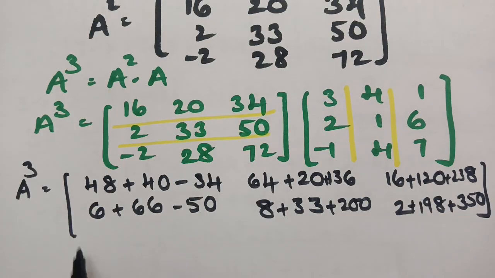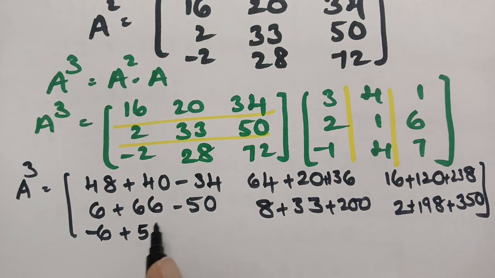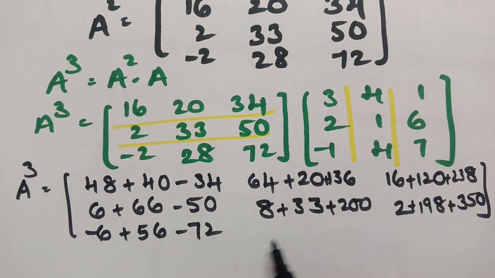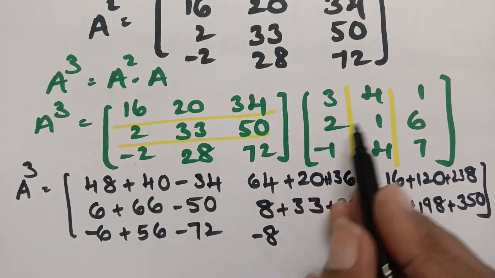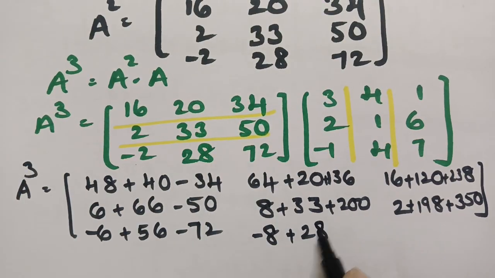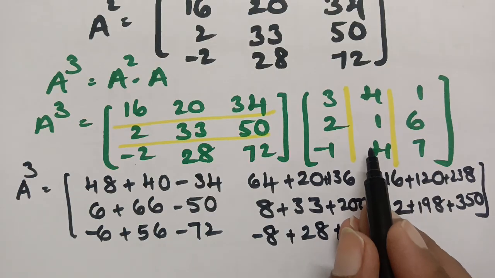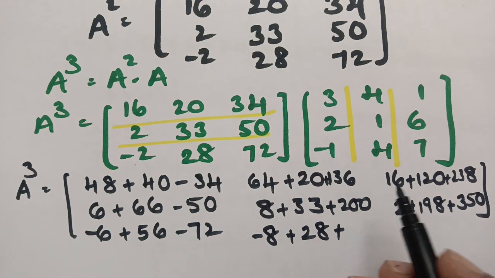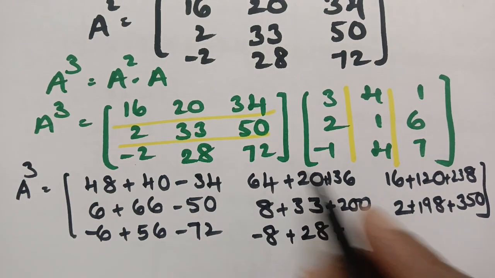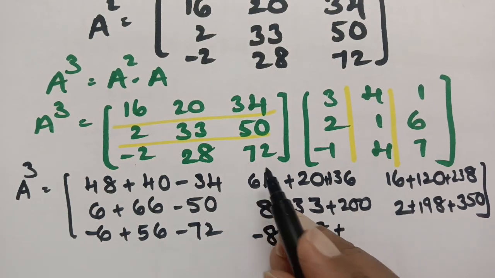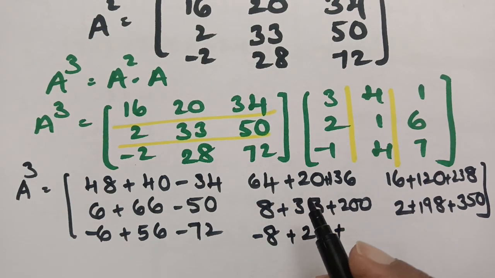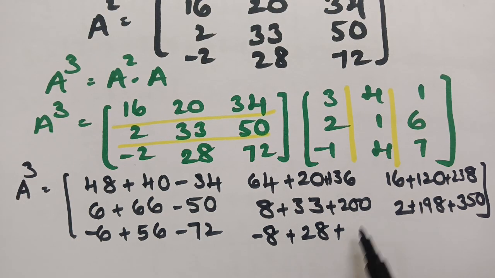Clear? So this is minus a 6, and this is 28 into 2, the value here is 56, and this is minus a 72. So if I multiply, this is minus 8, 28 into 1 is 28, and this value is 72 into 4. So if you see, 4 2s are 8 and 28. 284. So the value here is 284. So 28 into 4 is nothing but 28.